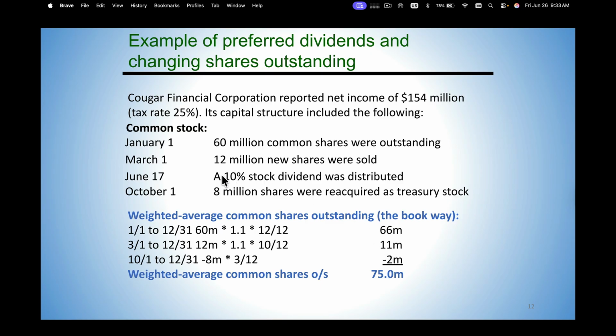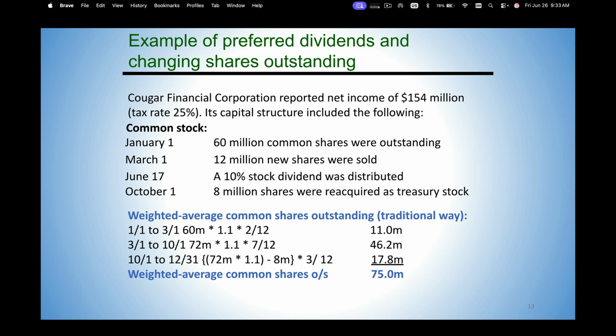Then we have the stock dividend on June 17th. We do not adjust anything that occurs after that date because those are already adjusted shares. And so we have a subtraction of 8 million shares for the remaining 3 months. And again, we're using the book approach here, and we end up with 75 million weighted average shares outstanding.